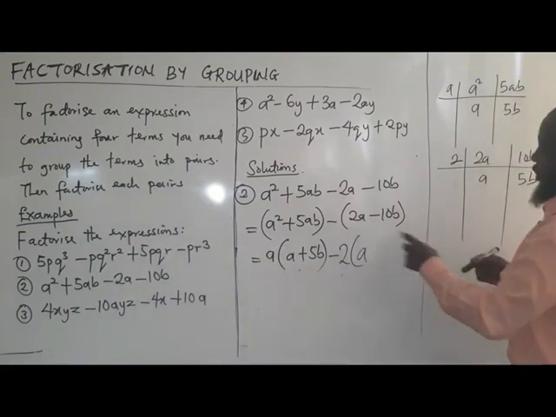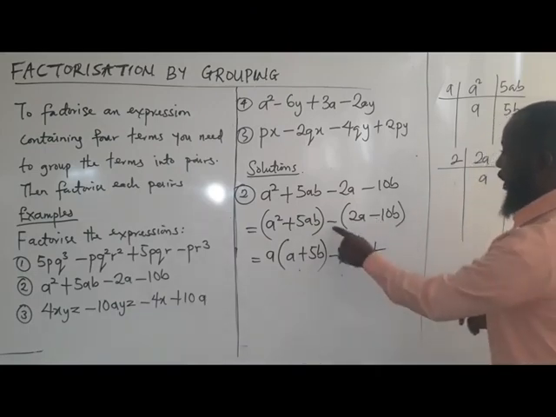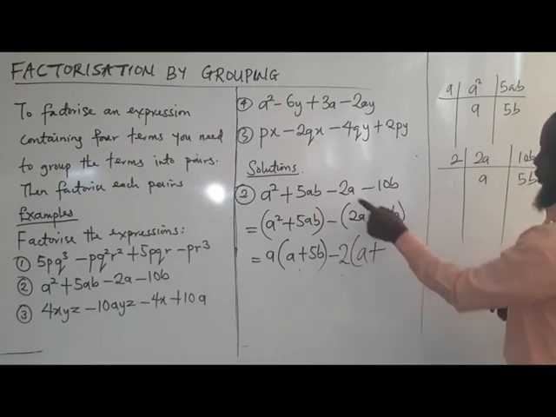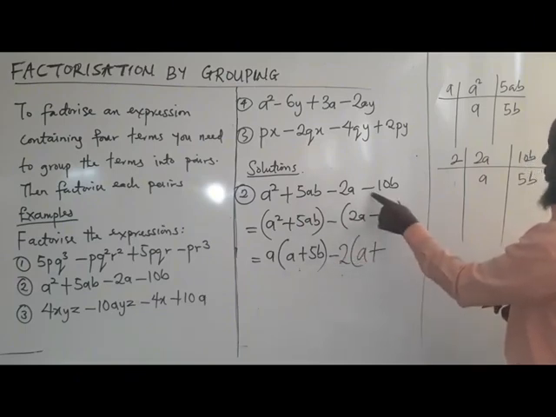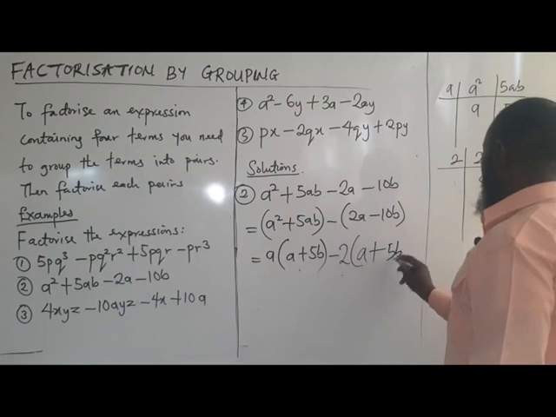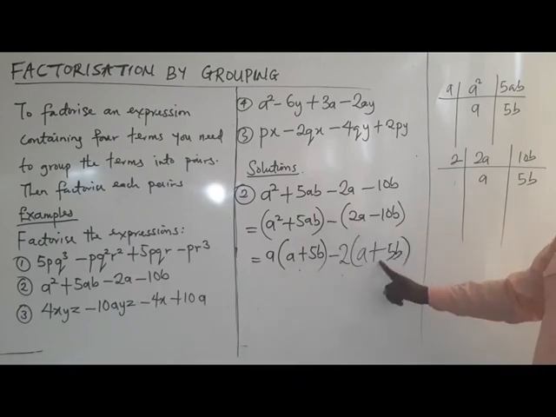So this minus we change to plus, because minus times minus will give us a plus. But when you use this to open it, it comes back to minus. Minus times 2a will give us minus 2a. Is that clear? Then this one will become 5b. Please, this aspect is very important because if you are not careful, you miss it. Minus times minus will give you a plus. Don't forget, it's very important.